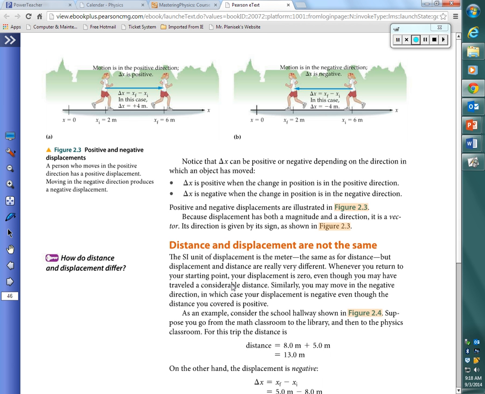In picture B, she starts for a second trip with her initial position at 6 meters and her final position at 4 meters. Question. Distance traveled for both of her trips is going to be what?